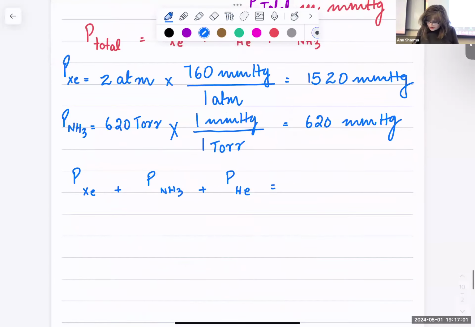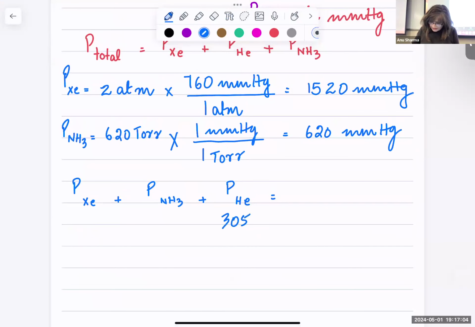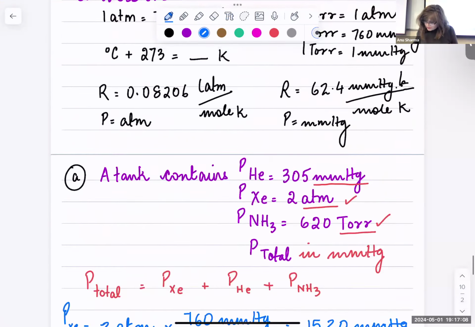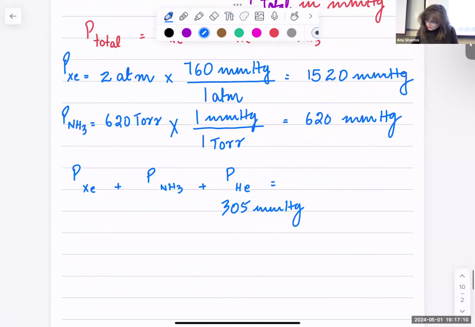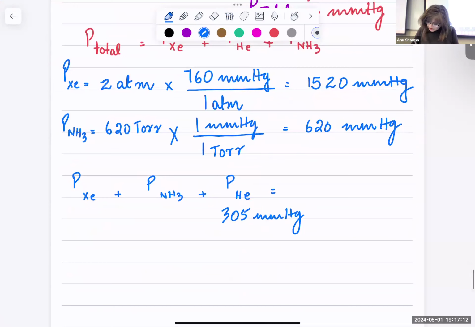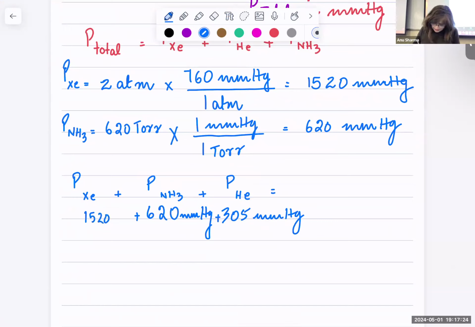He was 305 millimeters of mercury, NH3 is 620 millimeters of mercury, and Xe is 1520 millimeters of mercury. When you add, whatever answer you get is going to be the P total.